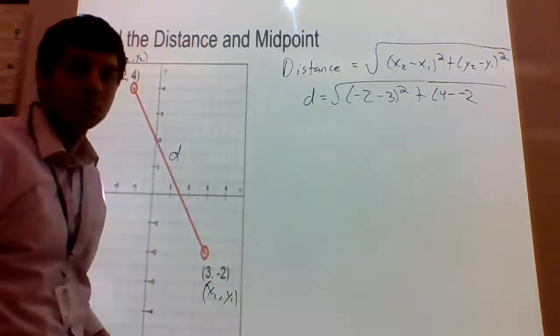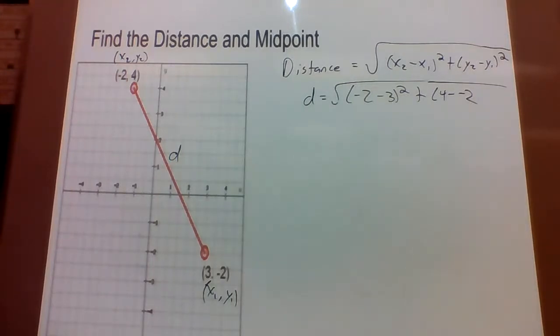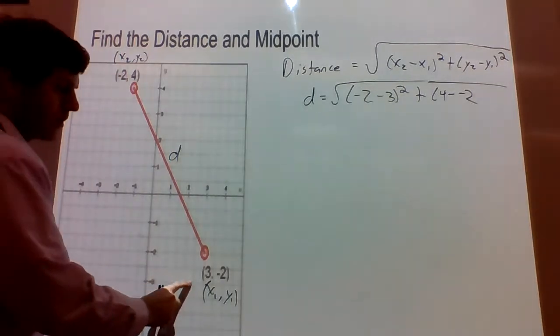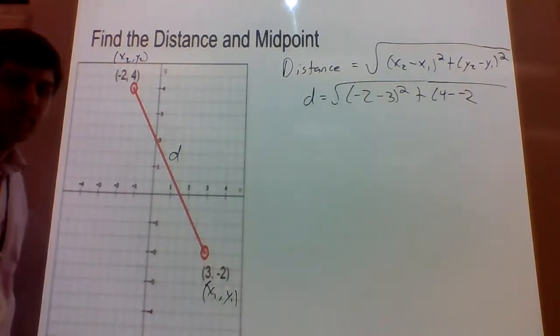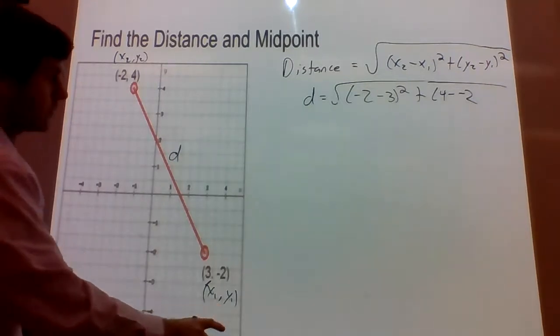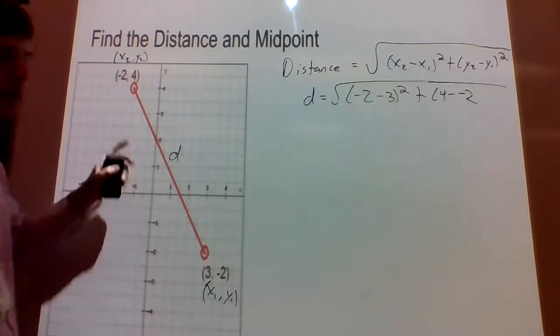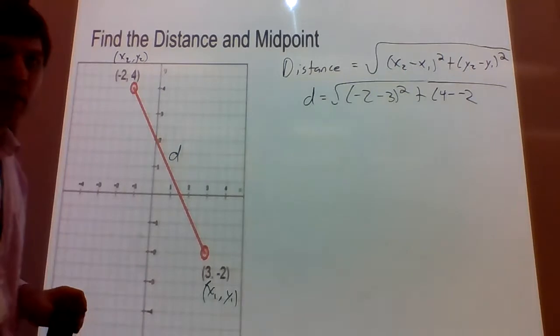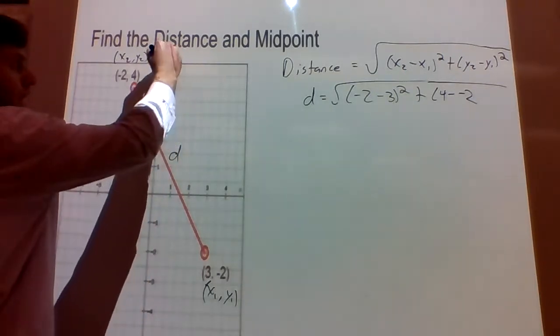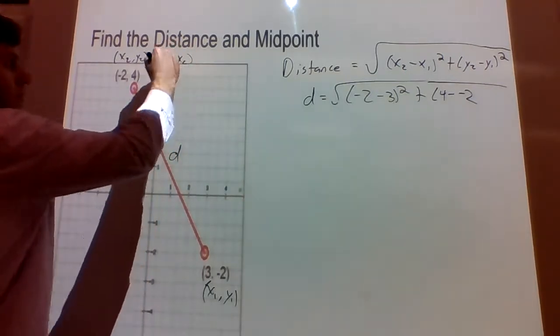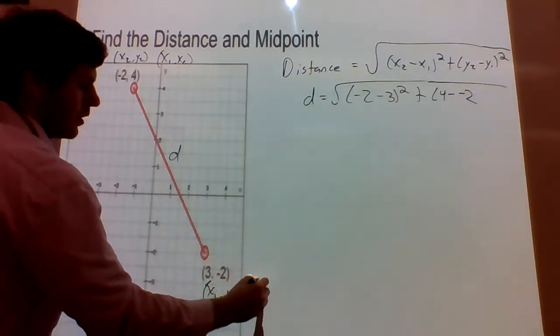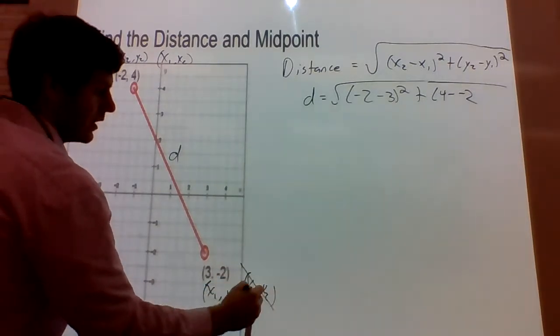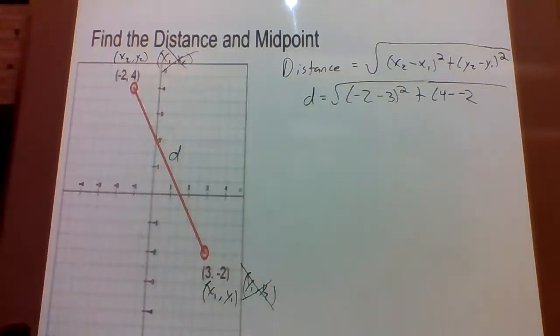So the two common mistakes you guys made earlier in the semester. The first one is our coordinate points are x and y. If you want to make this x2, y2 and this x1, y1, that's fine. But the mistake you guys were making was x1, x2, and then y1, y2. You can't do that. Coordinate points are x, y.